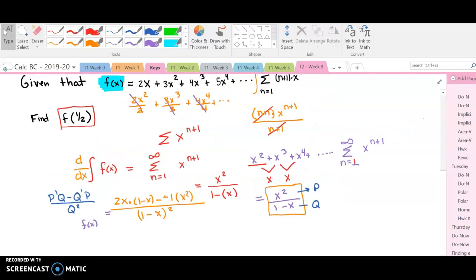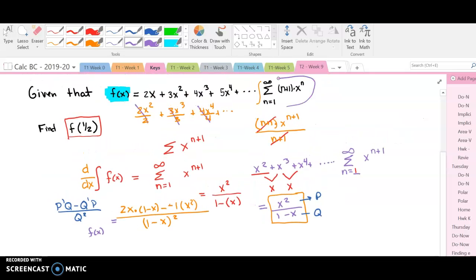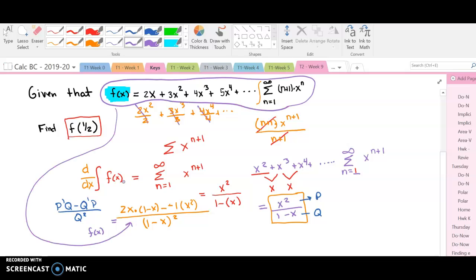That is really the series that represents all of this. So if I want to find out what this is when x is a half, I just plug a half in for all of these values: 1/2 here, 1/2 here, 1/2 here, and 1/2 here.